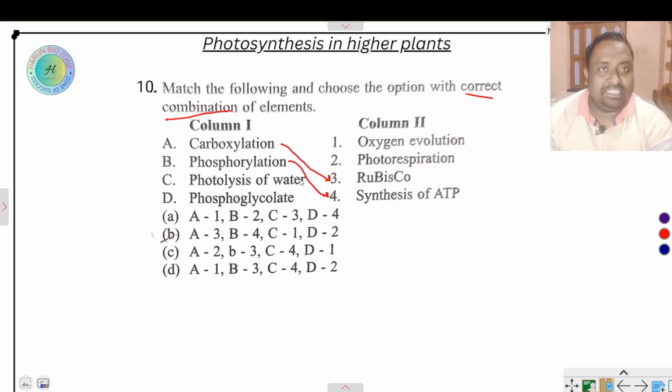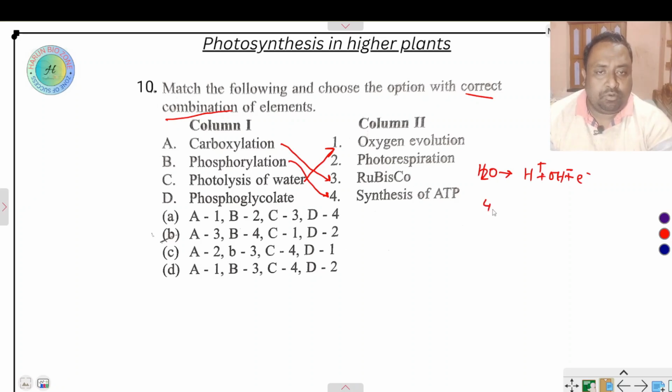Photolysis of water means in the presence of sunlight, the water breaks down and produces electron and oxygen in PS2 of photosystem. Photolysis of water is oxygen evolution. How? Here H2O in the presence of light breaks down, H plus and OH minus are produced, plus electron is produced.